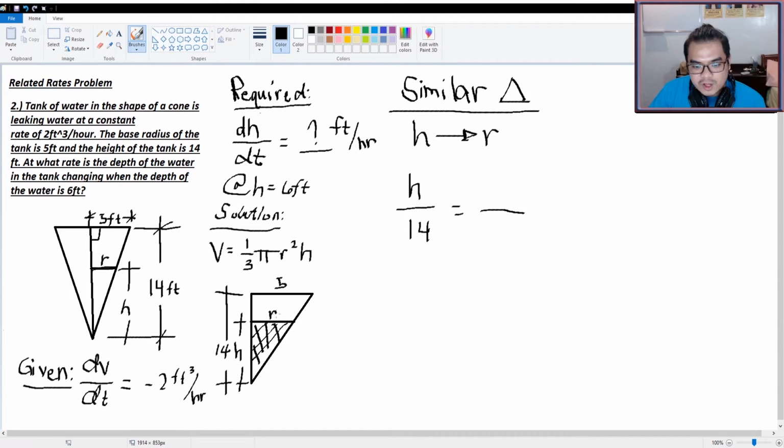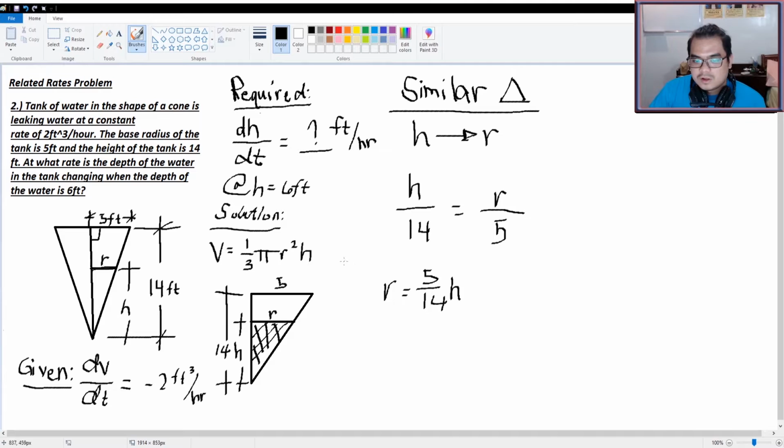The radius of the small triangle is r, and the radius of the big triangle is 5. Since we have to eliminate r here, we isolate r.